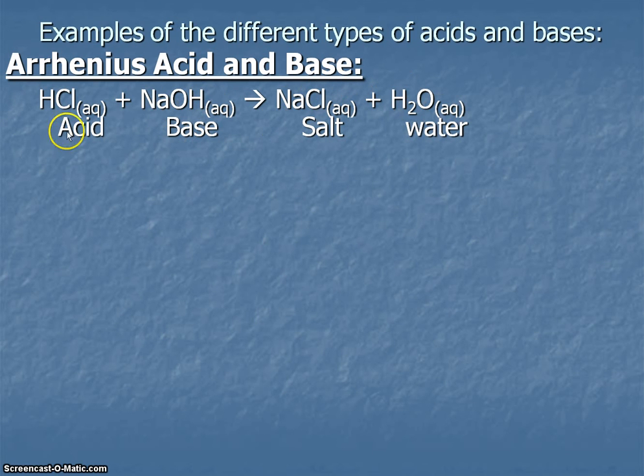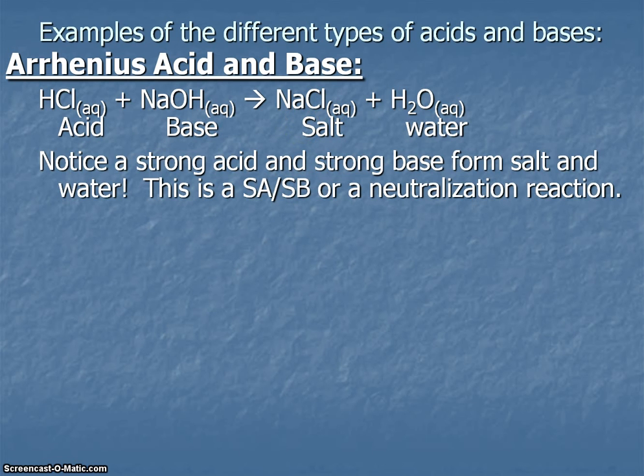So we're still doing a double displacement reaction, but we always get water and we get a salt. Arrhenius acid-base reactions always are called neutralization reactions because they neutralize the acid and base, and I get a salt and water. These are the strongest types of acid-base reactions. It's also known as a strong acid, strong base, or neutralization reaction.